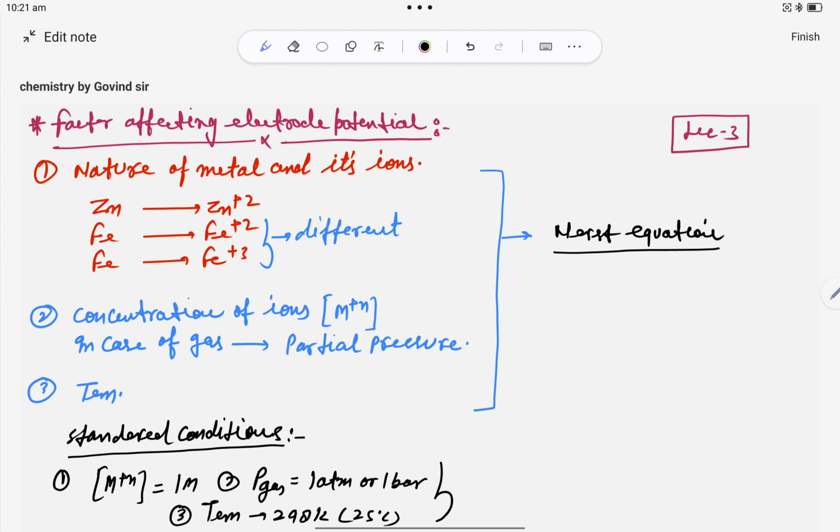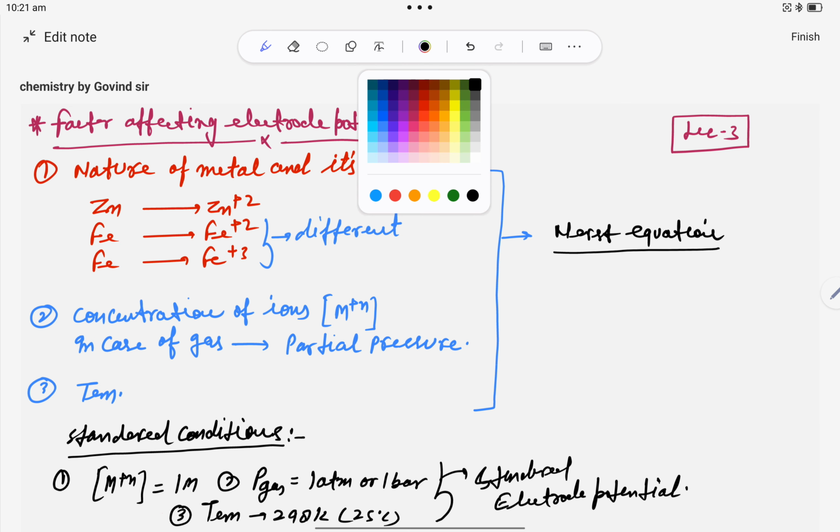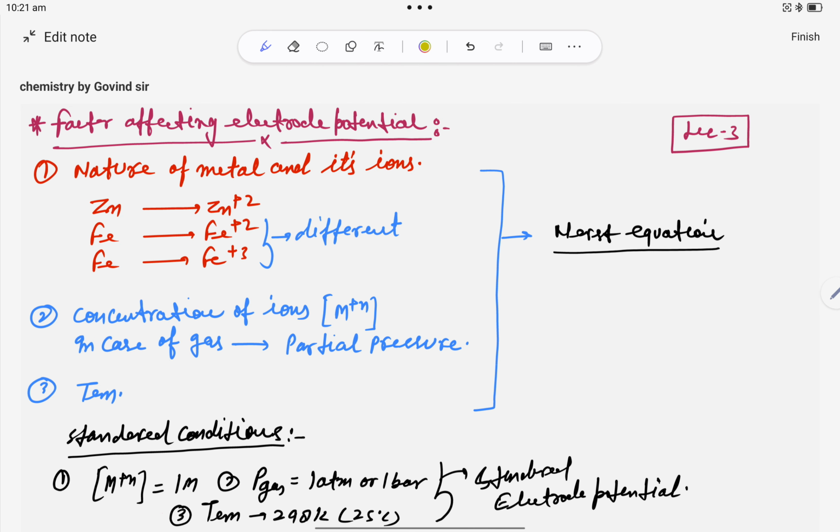If you are calculating electrode potential on this condition, meaning pressure 1 atm or 1 bar, concentration 1 molar, temperature 298 Kelvin, then it's called standard electrode potential.